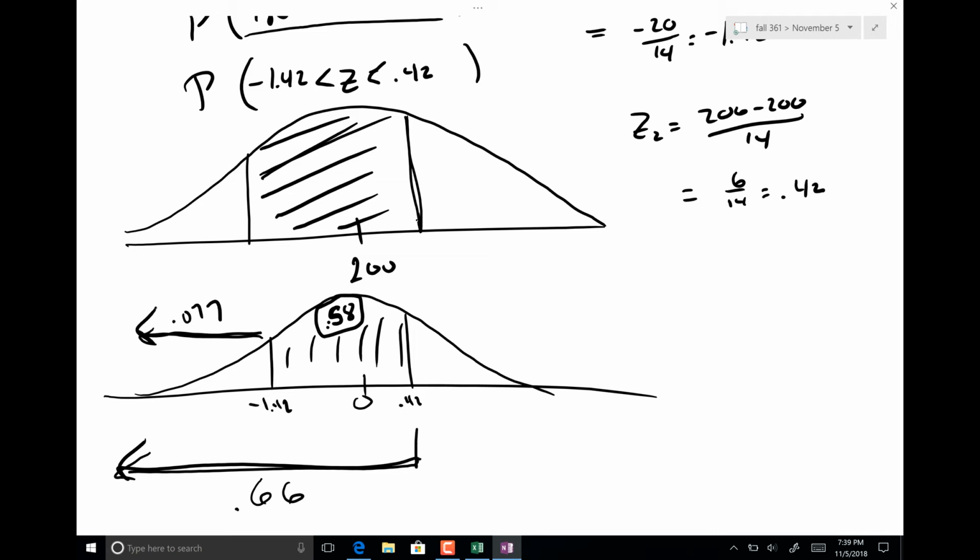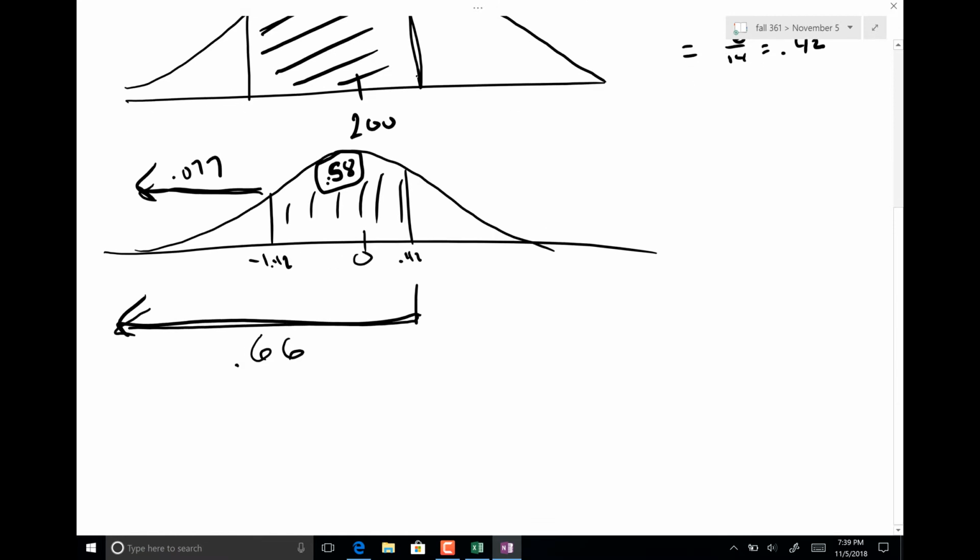This is beautiful. Oh my gosh, this is beautiful. Right here. This is the probability that x, okay, I'm going to write two ways. I'm going to say the probability that x is less than 206, which is the same as the probability that z is less than 0.42.